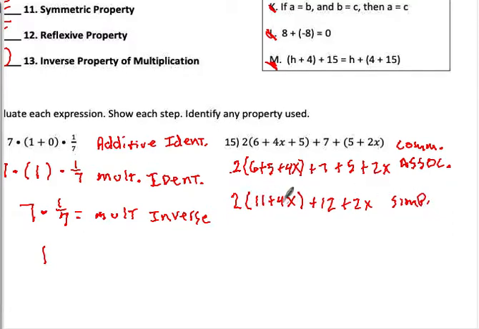Now what do I need to do here? Multiply. What property is that when I multiply through parentheses? Distributive property. So 22 plus 8x plus 12 plus 2x. That was distributive property.